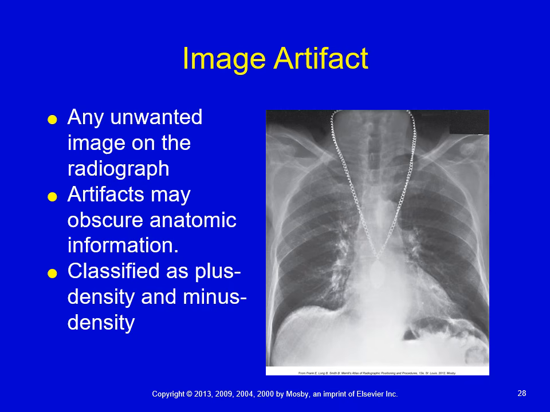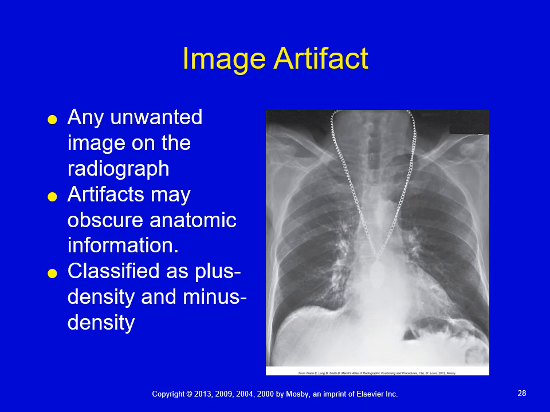Things like I said, jewelry can create an artifact. Sometimes clothing, when the patients come in and they have words or pictures on their shirts, those can create artifacts. Zippers can create artifacts. Different types of bras, especially if they have the underwire, can create artifacts. Buttons, hair can create artifacts.